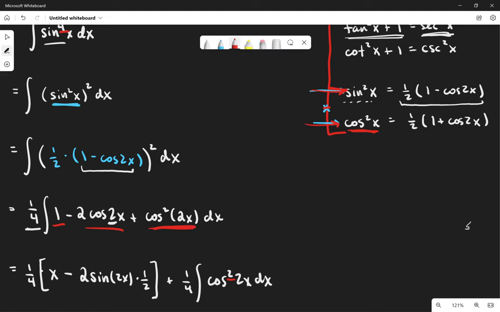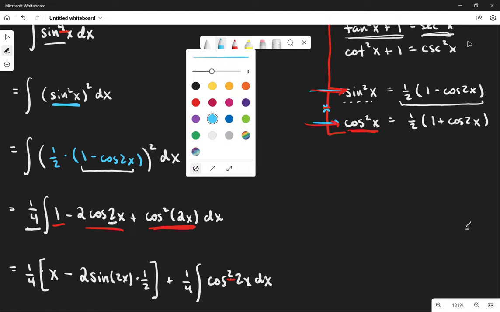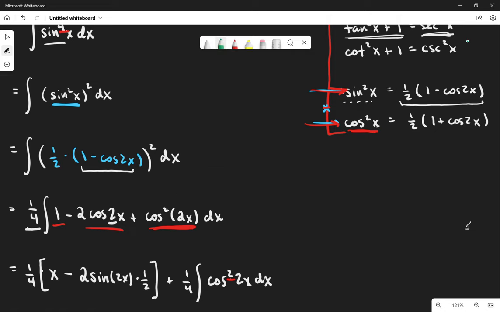Now I'm going to use the bottom one. And this is going to be really, really tricky. So if it slips by you, rewind. Cosine squared of 2x. I have cosine squared x here. I'm going to write in green, I'm going to rewrite the identity with 2x instead of x. Because I have cosine squared of 2x.